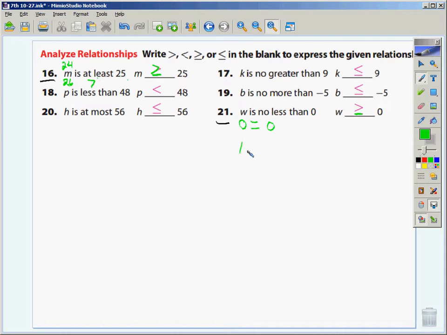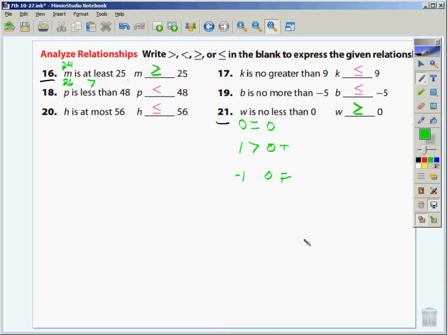If I pick 1, which is above it, is 1 no less than 0? Yes, it's greater than, right? This would be true. If I picked one that was below 0, negative 1 compared to 0, is negative 1 no less than 0? No. This would make a false statement, which is why it would be greater than or equal to.